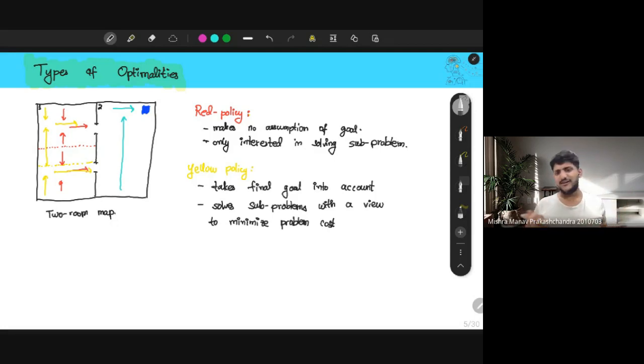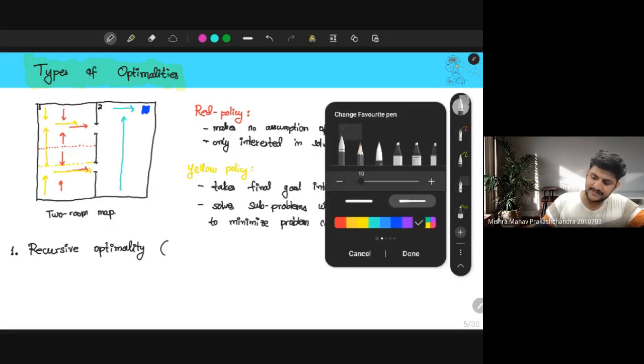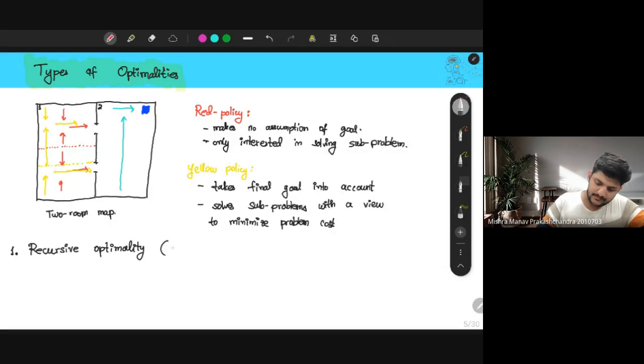Okay. So it turns out both these policies are in a way optimal, but the optimalities differ in the way we define it. The first kind of optimality, which is the red policy, is known as recursive optimality. And this is the red policy.